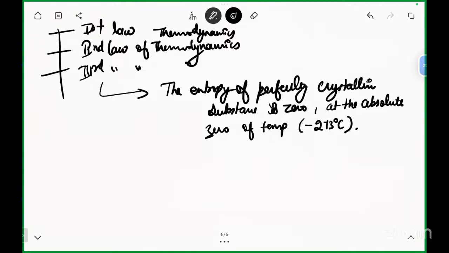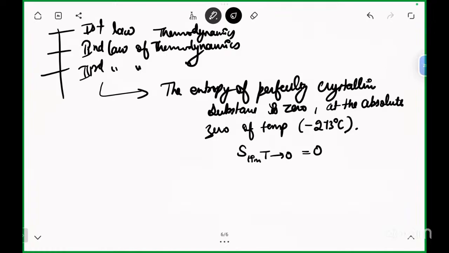So the entropy of a perfectly crystalline solid will be zero if the temperature is absolute zero. You can write S as the limit of temperature tends to zero is zero. That is quite important, so don't leave this topic.